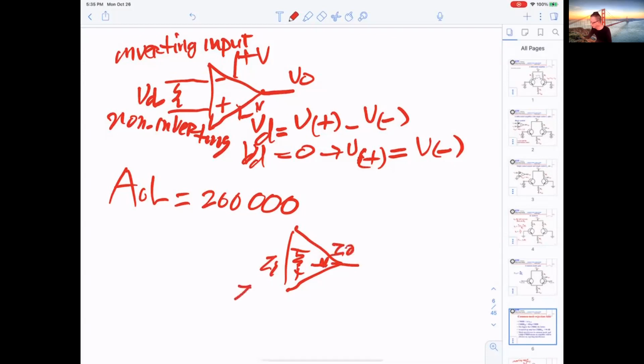So Z in, they want to be infinity. That is only telling you the current cannot go into the op amp, because it has high input impedance. And the current coming out will be maximum, because output impedance they want to be 0.